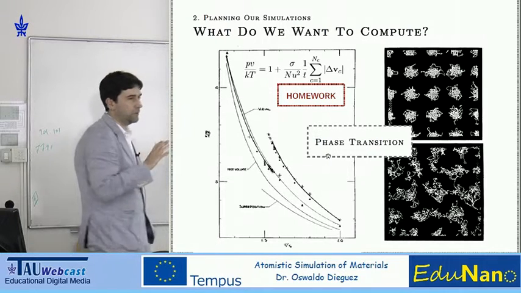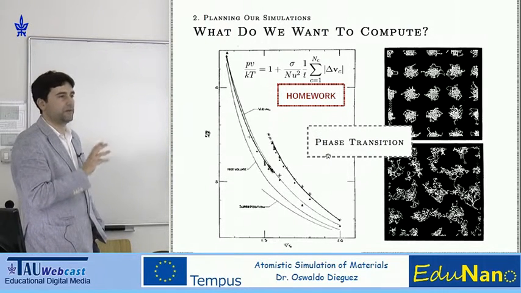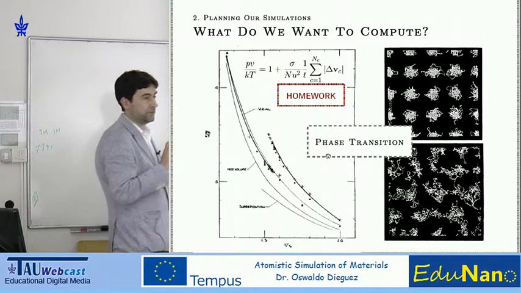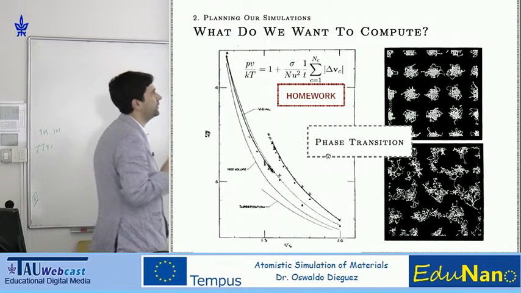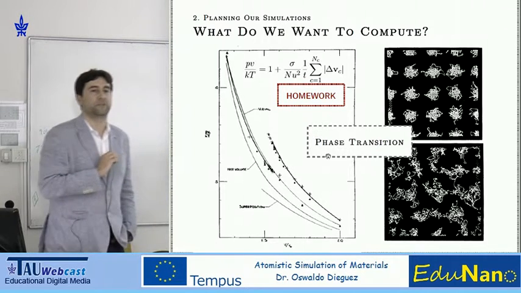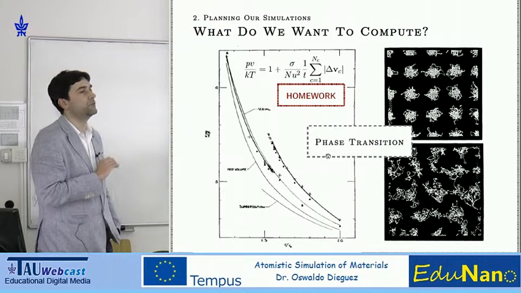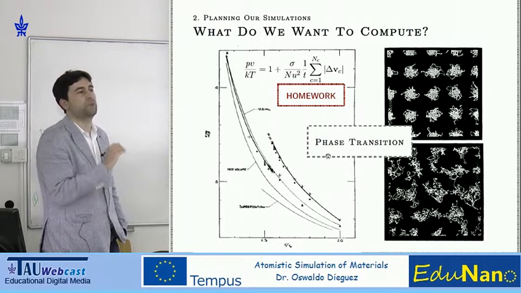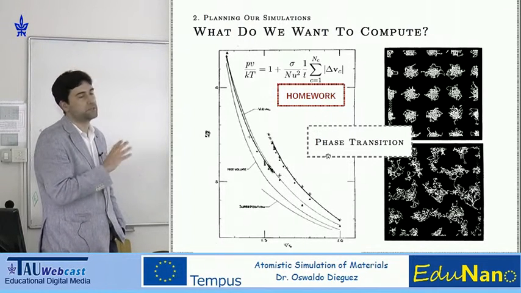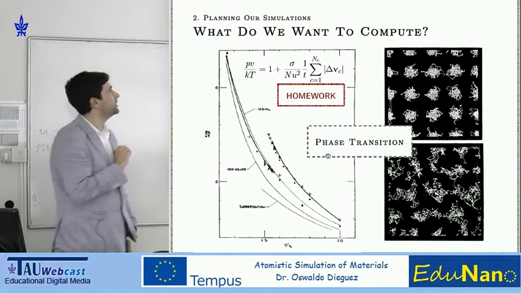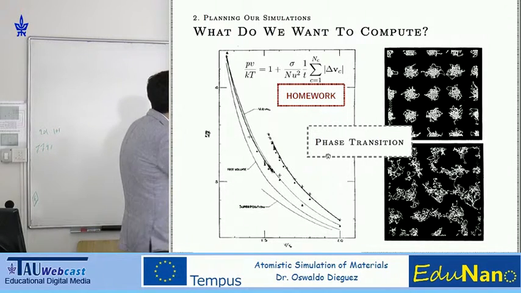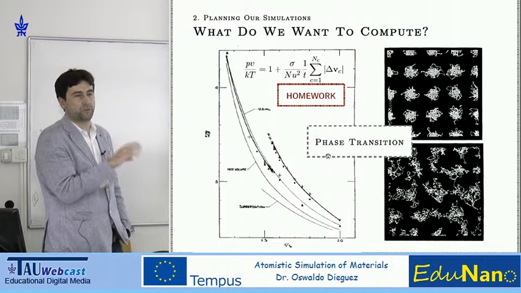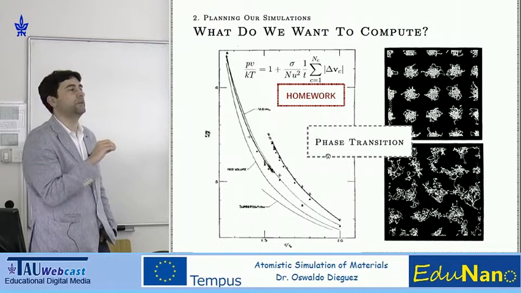What we want to know is if our system shows a phase transition. In order to see that, we want to know the equation of state of the system. The equation of state gives us the state of the variables that represent the system when the system is in equilibrium. Typically, like for the ideal gas, it's a relationship between the pressure, the volume, and the temperature.